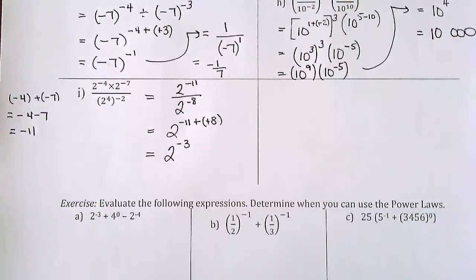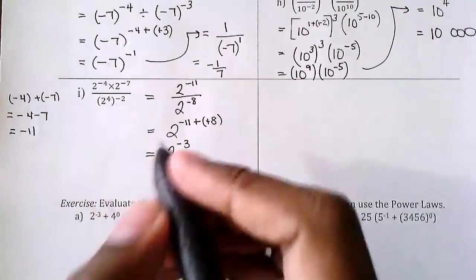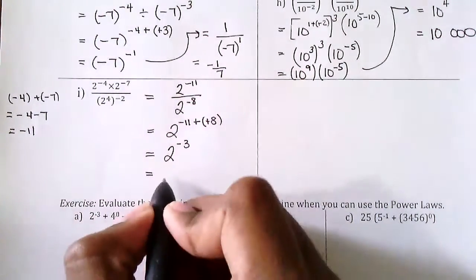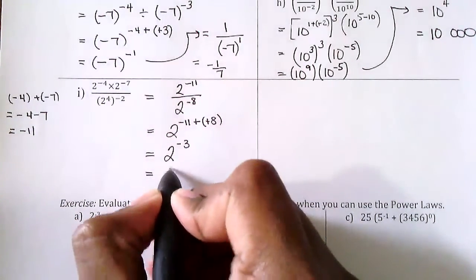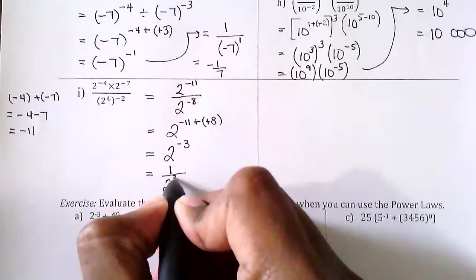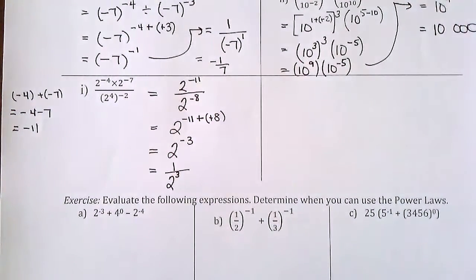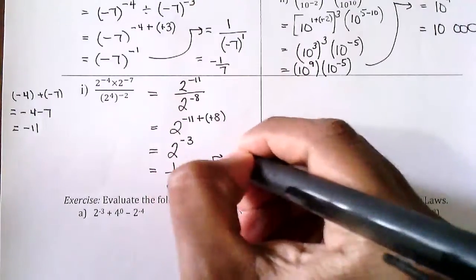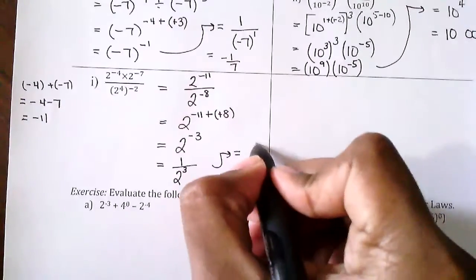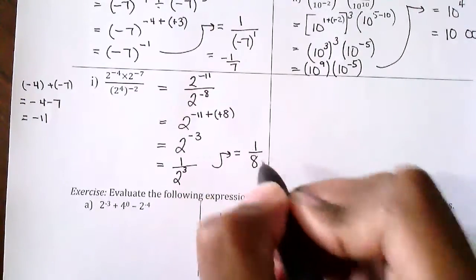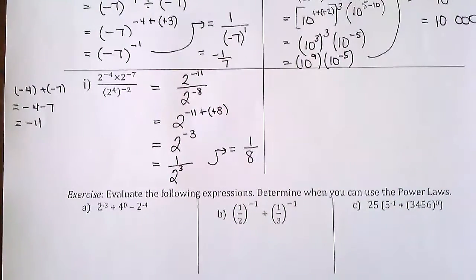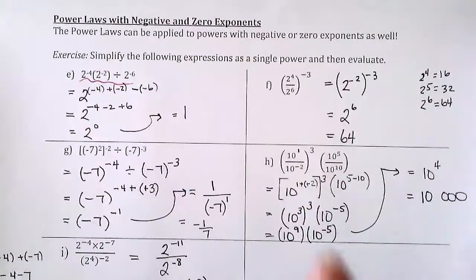Now you should notice that, yes, this is a single power, but we don't like it because the exponent is negative. So using the definition of powers, we can change this. This is the same thing as 1 over 2 to the power of 3. And now we can solve it. 1 over 2 to the power of 3 is just 1 over 8. Okay, so what this exercise was meant to show you was pretty much this.